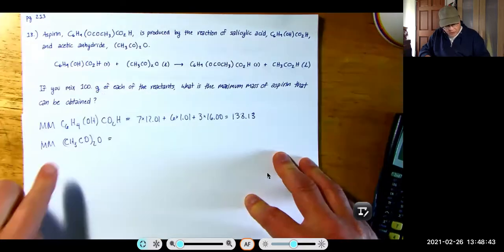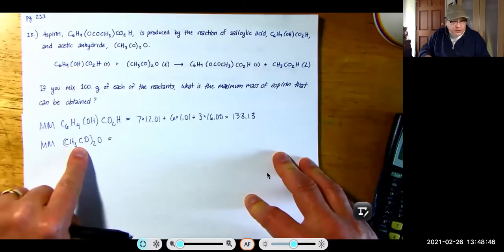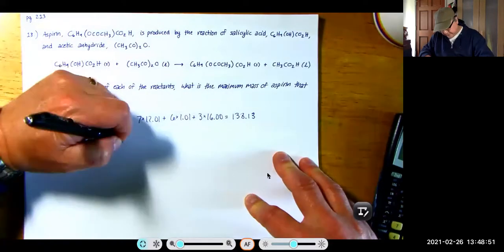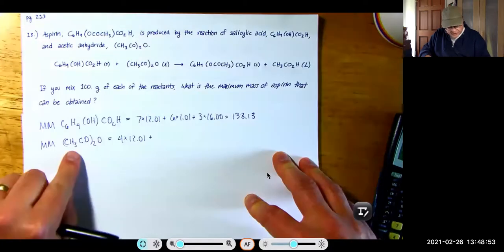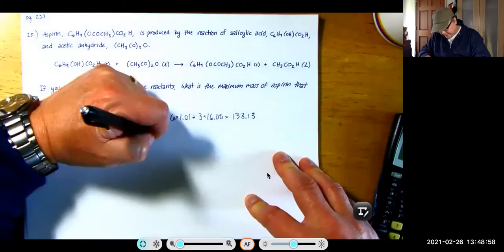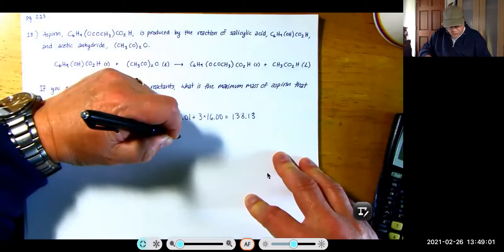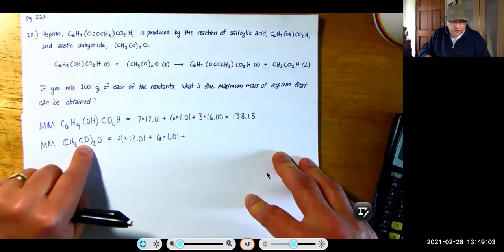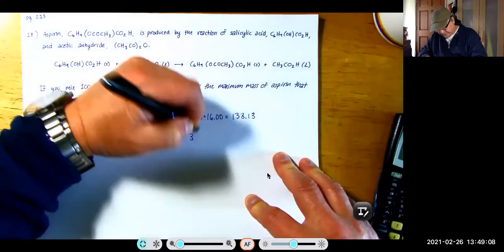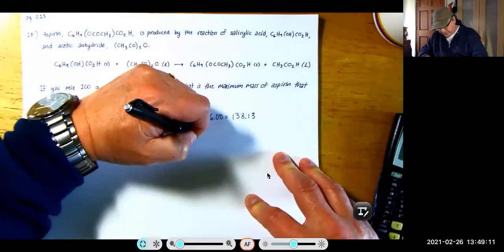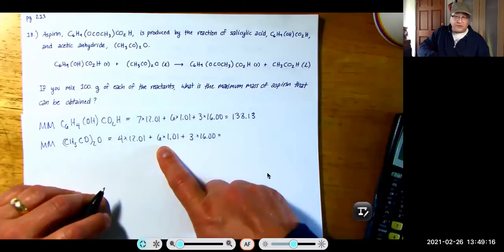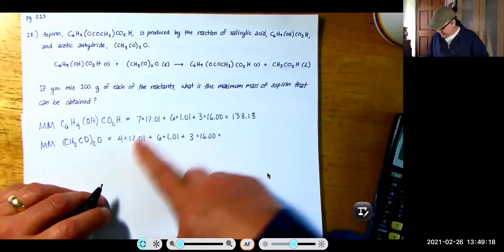So here we have 1, 2, but because of the 2 on the outside, we have 4 carbons. 3 hydrogens in here, but since the 2 on the outside, we have 6 hydrogens. 1 oxygen here, but the 2 on the outside means really 2 oxygens plus 1 on the outside for 3 oxygens. So that's roughly 48 plus 6, which is 54, and 54 plus 48 puts it at like 102, right?